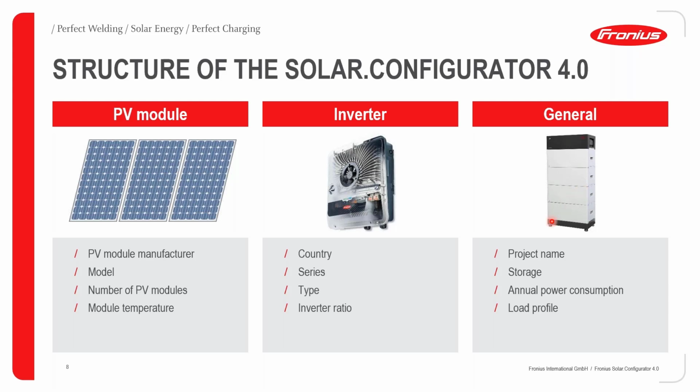You can then also select the annual power consumption, which is the power consumption of the load over a year. And we can also select the load profile. The load profile indicates whether the power will be used mostly during the day or mostly at night. That will obviously affect the size of the battery that you should install.